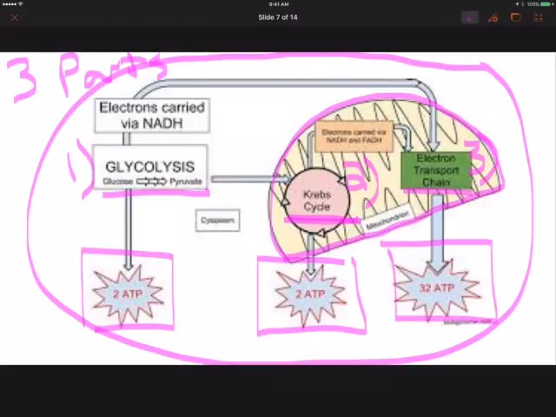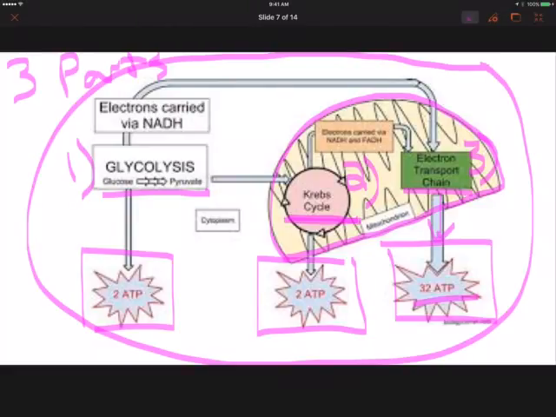Glycolysis will give me 2 ATP molecules. The Krebs cycle will give me 2 ATP molecules. And the electron transport chain will give me a whole bunch of ATP molecules, anywhere between 30 and maybe even up to 36 ATP molecules.